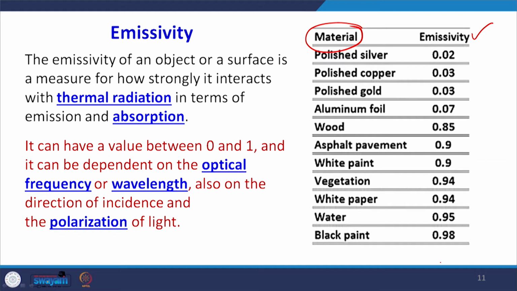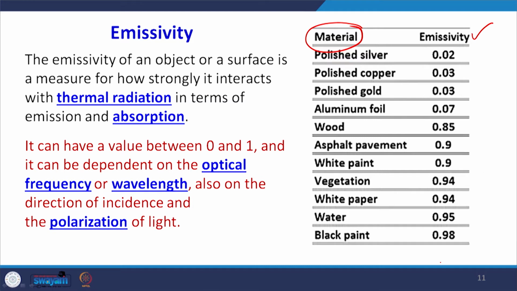So this emissivity value is basically a measure of how strongly an object interacts with the radiation, in terms of emission or in terms of absorption. Two processes take place: absorption and emittance. If both are equal, the emissivity will be 1.